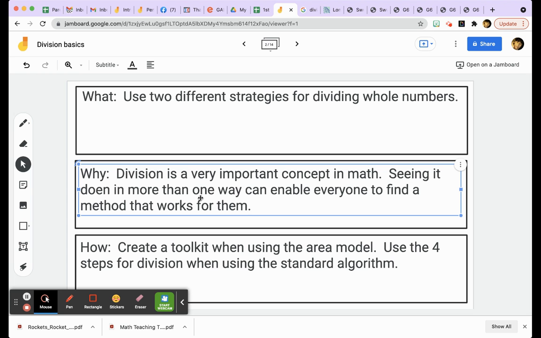Let me fix this right here. Okay, it's not going to let me fix it, so we'll just know that says done. And how? We're going to create a toolkit. When using the area model, you're going to use the 4 steps for division when using the standard algorithm. And we'll see what that looks like in just a moment.